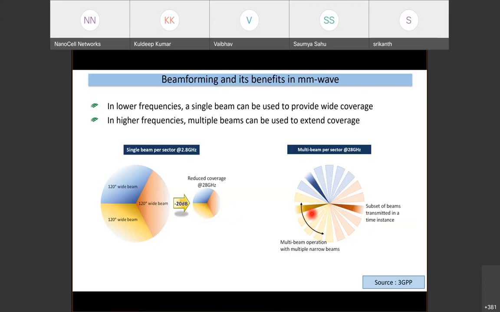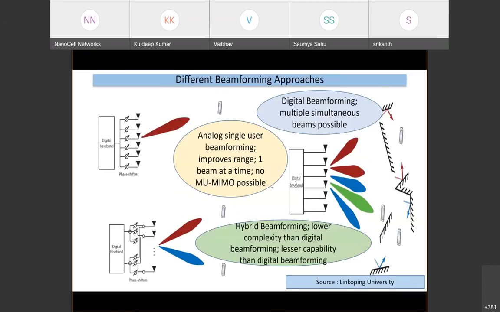These are all easy to draw and visualize, but how do we get this working in practice? That's the question. There are different beamforming approaches, and there is always a lot of confusion. For those of you who are deeply technically inclined, I would strongly suggest please go to this YouTube channel.